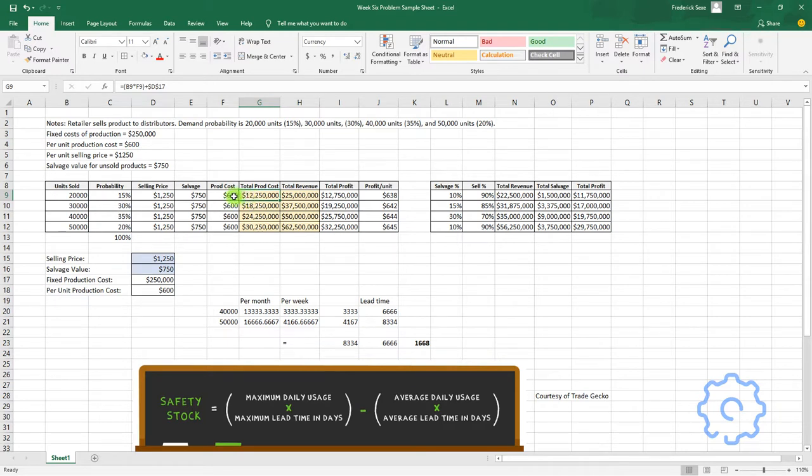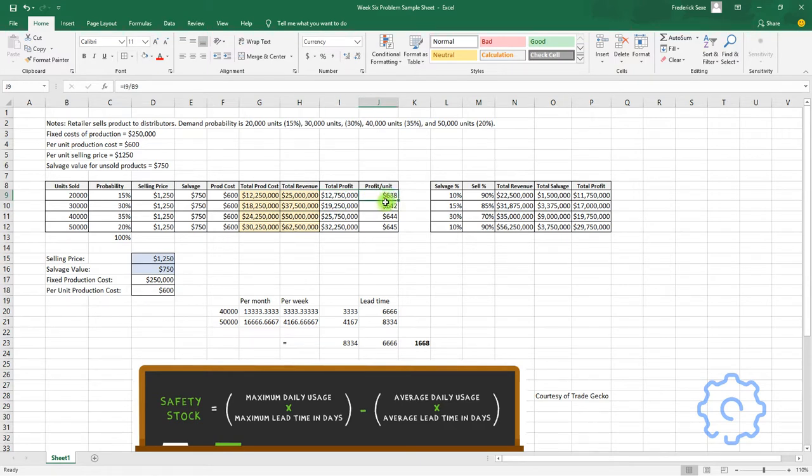Total production cost is the units sold multiplied by the production cost, then add the fixed production cost. Total revenue is very similar: you take the units sold, multiply it by the selling price, and that's the number you get. And total profit's very simple.